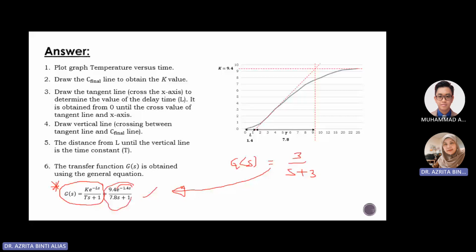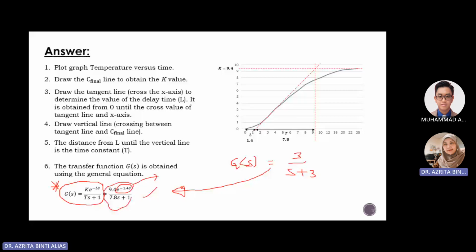This represents the delay time, meaning the output response has a delay time before it responds, before the graph behaves like the first order system.